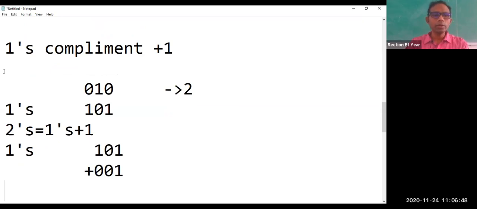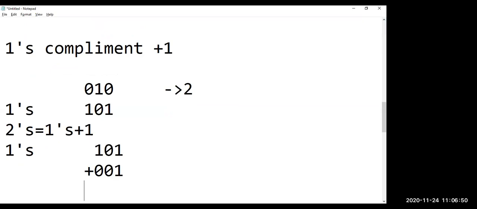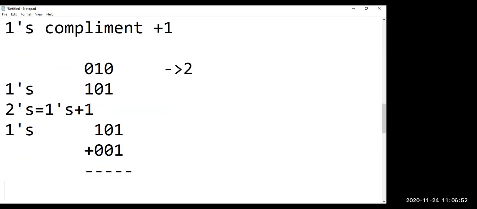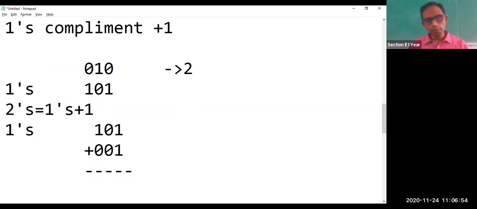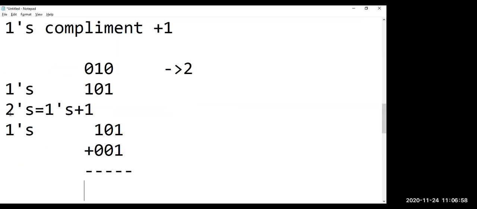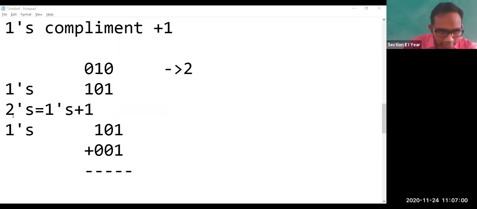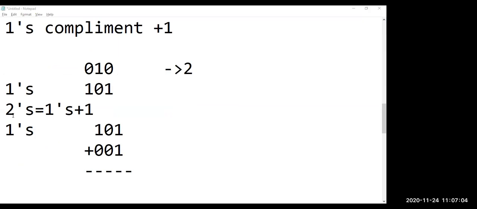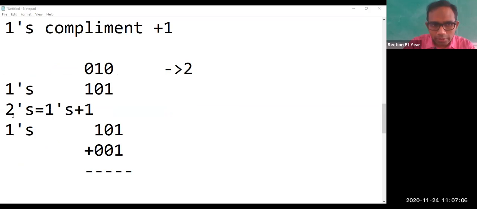Add this and what is the result? 110. Nothing to worry. Concentrate on the first two digits. 1 plus 1, you are going to get the result as 1 and 0. Write the 0 here and make this one a carry bit.